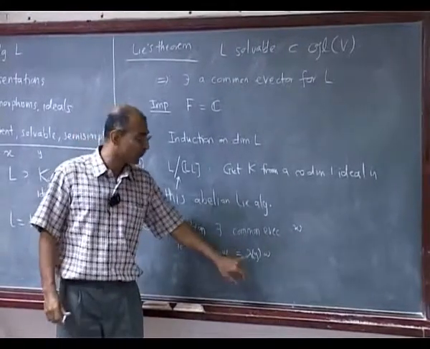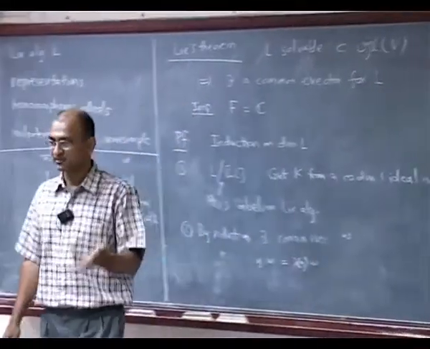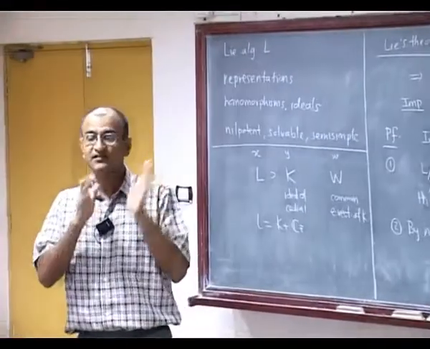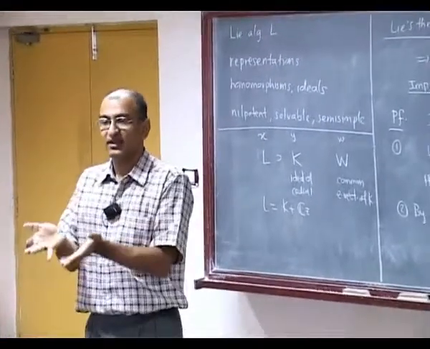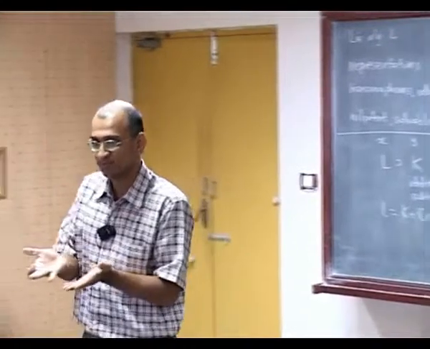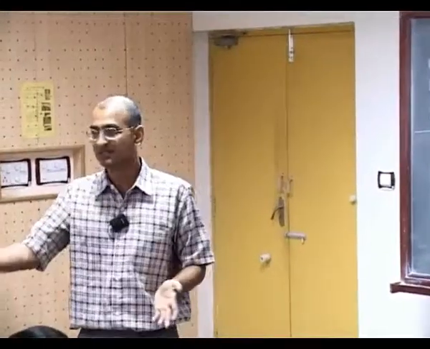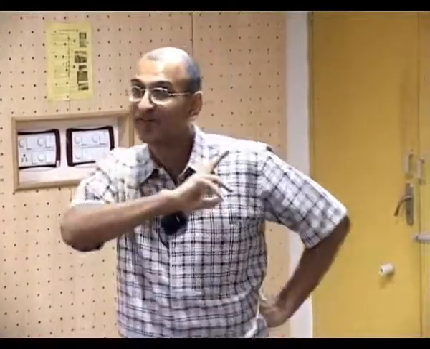Linear. So, see, lambda is a function, right? Lambda is a function which takes in an element from the Lie algebra K, or ideal K, and produces a scalar. So, it is a function on K. What kind of function? It is a linear function, right, because I have a linear action.